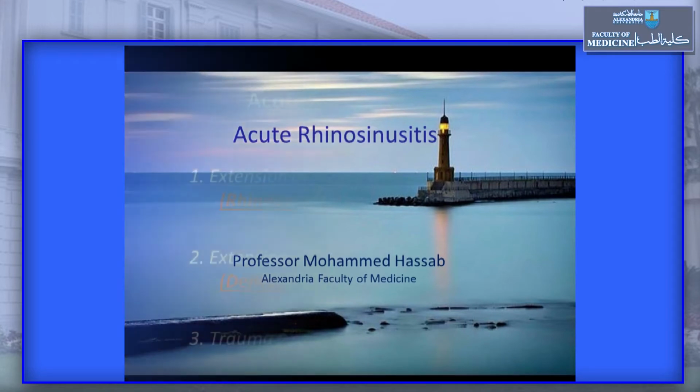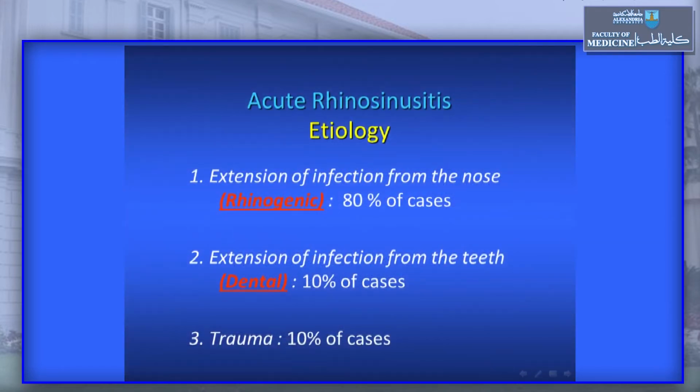Coming back to acute rhinosinusitis, how does infection spread to the paranasal sinuses? The commonest route of spread of infection to the sinuses is from the nasal cavity, that's to say rhinogenic, and this comprises 80% of cases. In 10% of cases, the infection can reach the sinuses from the teeth, that's to say dental.